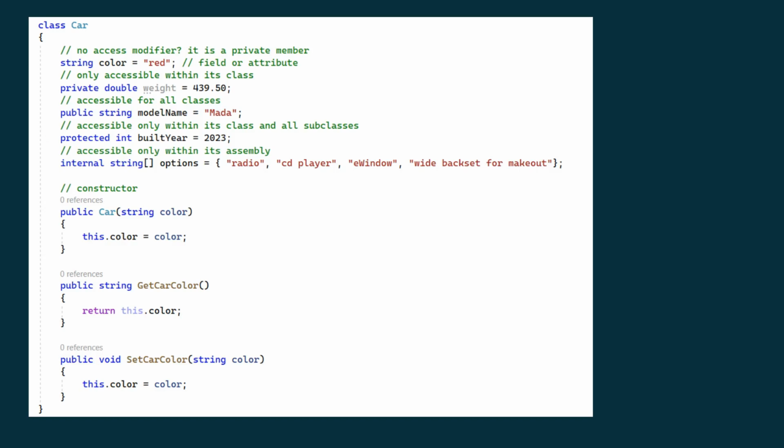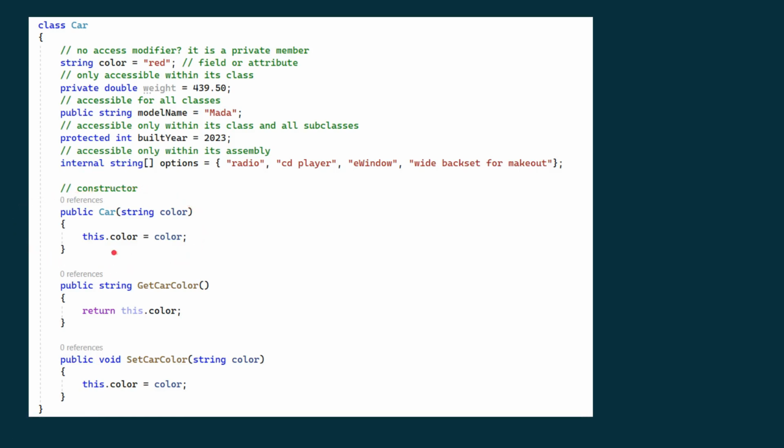Protected is like private, but if you inherit from its class, you have access to that protected field or method or property. So you inherit a protected member but not a private member. That's the difference between protected and private. Internal is only accessible within its assembly.